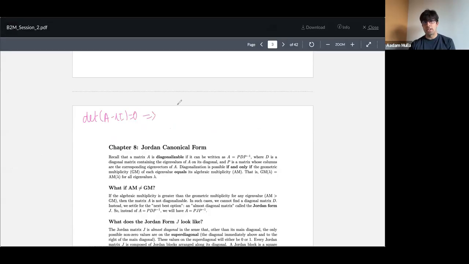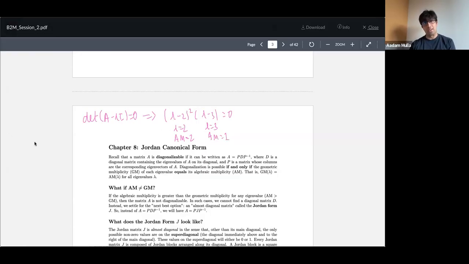And that gives us some equation like maybe (lambda minus 2) squared times (lambda minus 3) equals 0. So this tells us we have 2 eigenvalues here, lambda equals 2 and lambda equals 3, but lambda equals 2 has an algebraic multiplicity of 2 because of this power of 2, and lambda equals 3 has an algebraic multiplicity of 1. So that's algebraic multiplicity.